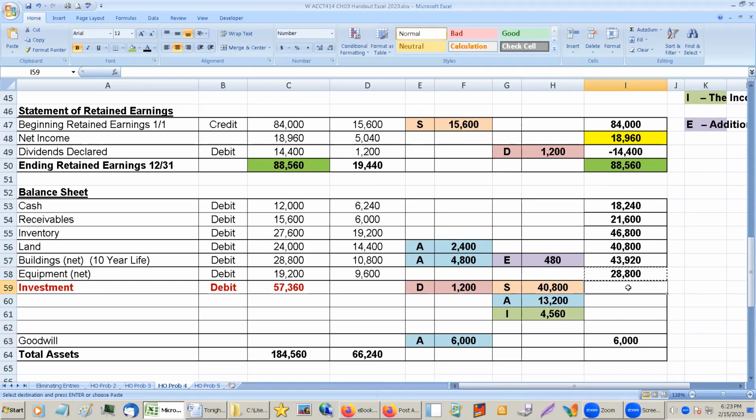All right, now the one that's always nerve-wracking is making sure that this investment account comes out to zero. So you take the 57,360 plus the dividends. We subtracted them to get down to the 57,360, so now we're going to add them back in and then subtract out all the rest of this stuff.